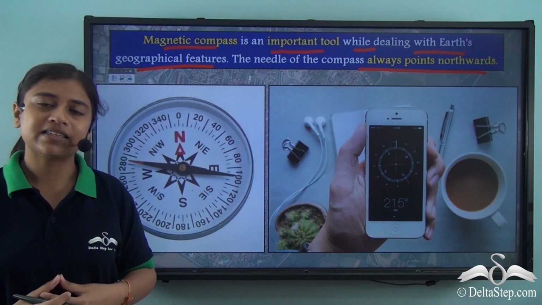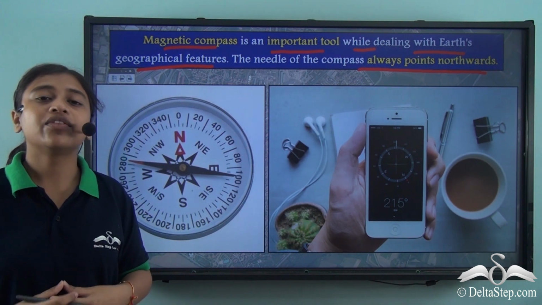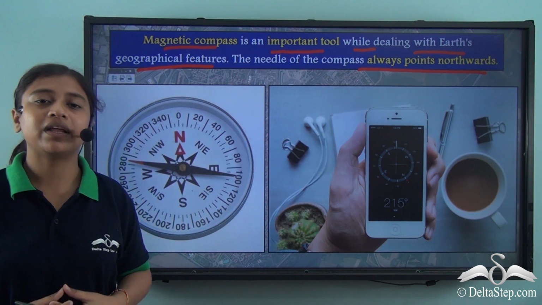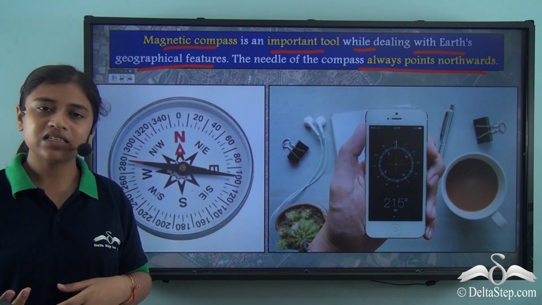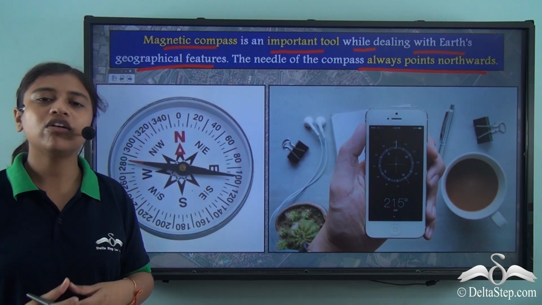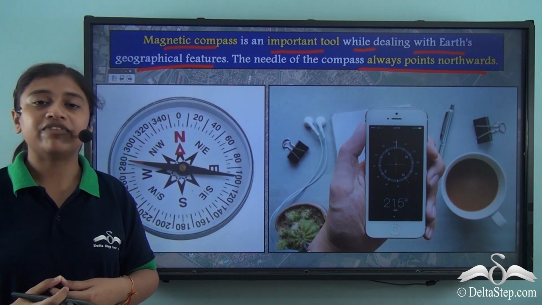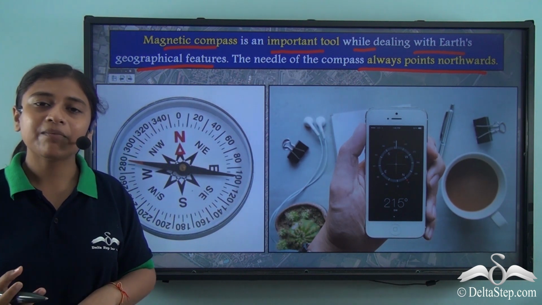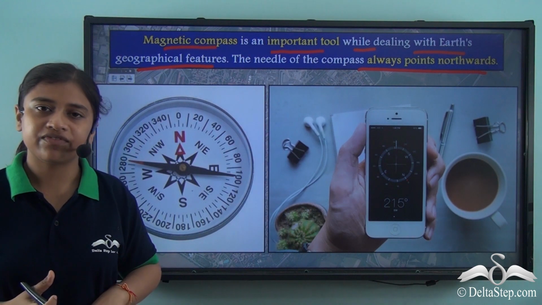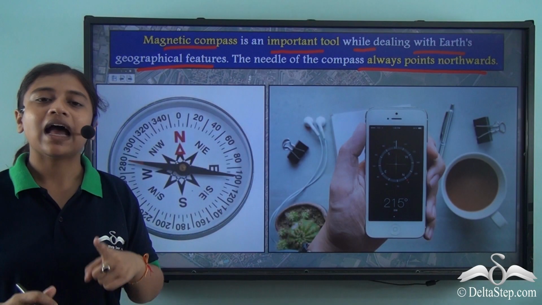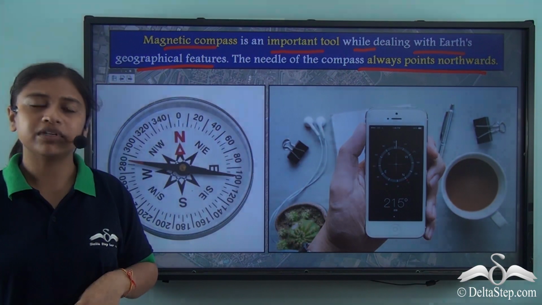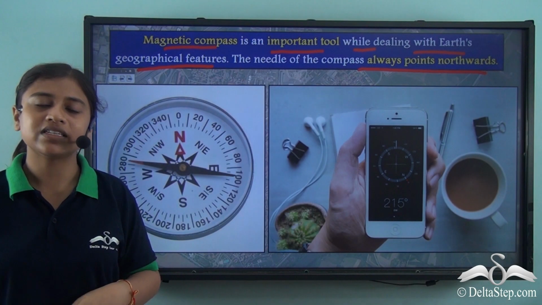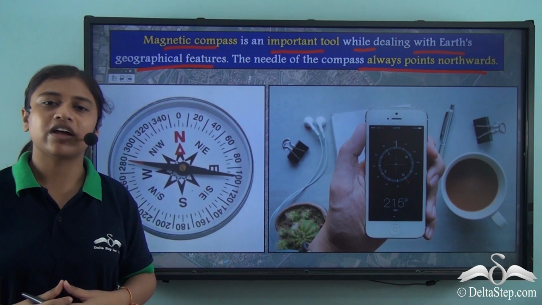So in this lesson, we were able to understand how there are different key factors that play an important role in the study or in the representation of geographical features, where we understood how scale, grid lines, grid reference, magnetic compass, and conventional signs and symbols are important tools in the study of any topographical map.